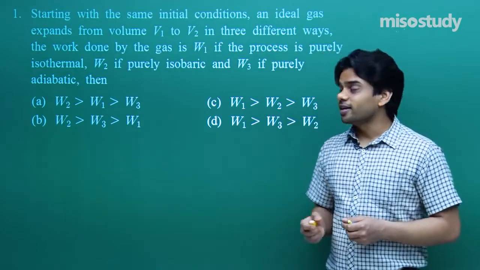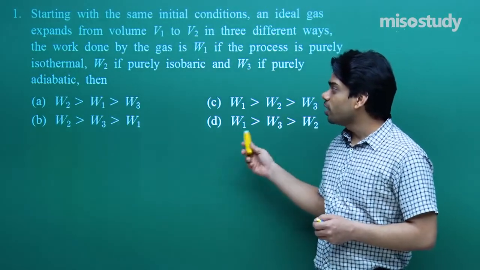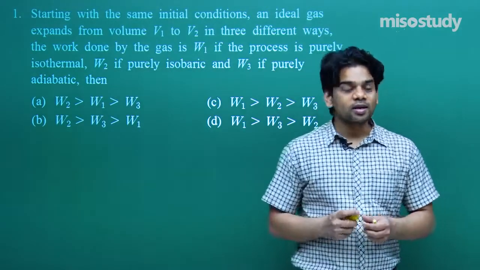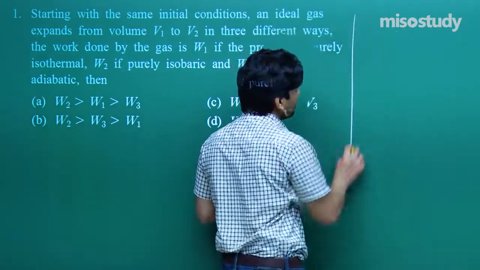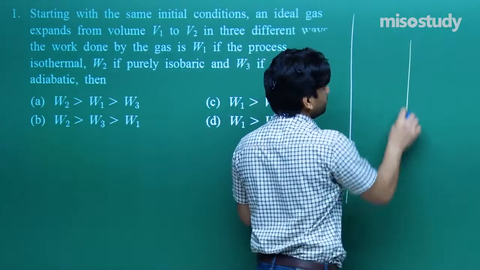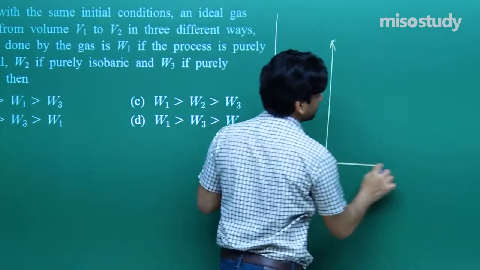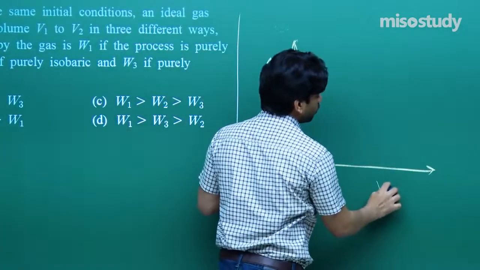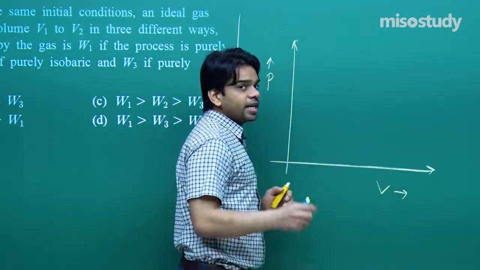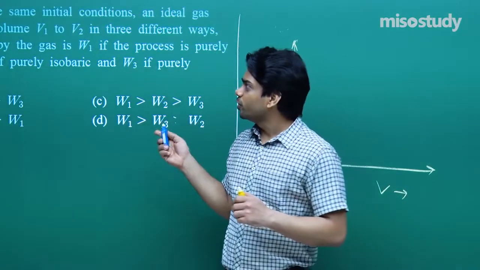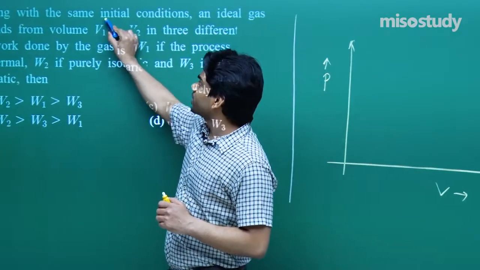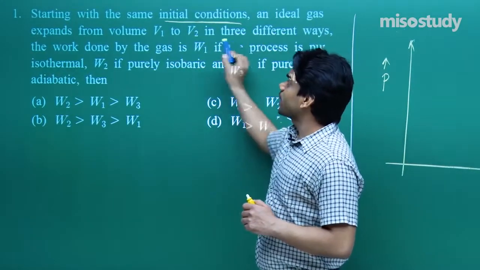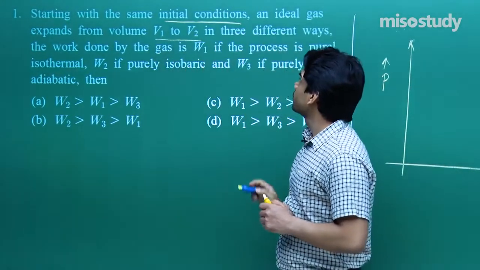Now in this case, how to find out the work done? In a very simple method, by the curve relation: this is pressure given here, this is volume mentioned here. See, the volume is changing from V1 to V2, starting with the same initial conditions, so the pressure will be the same.